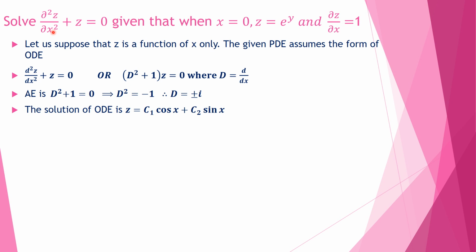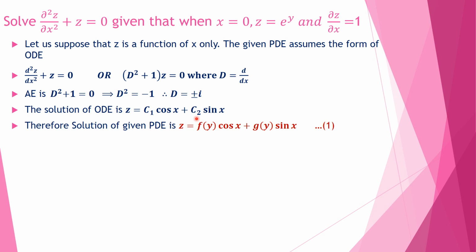So in this solution, the constants c1 and c2 we can write as functions of y. Therefore, the solution of the partial differential equation we write as z = f(y) cos x + g(y) sin x, where f(y) and g(y) are functions of y. Let me call this equation number 1.